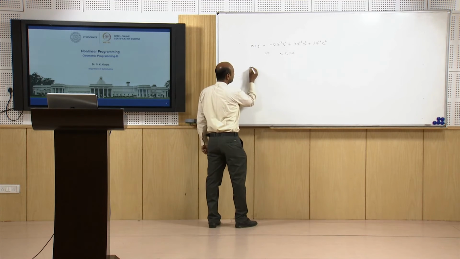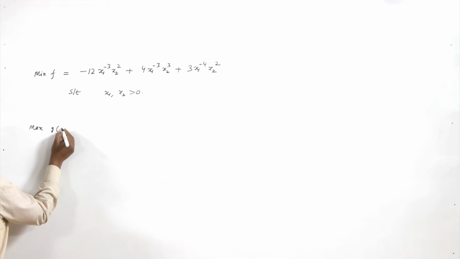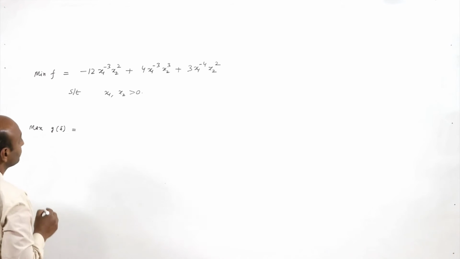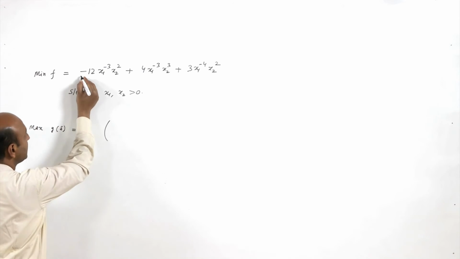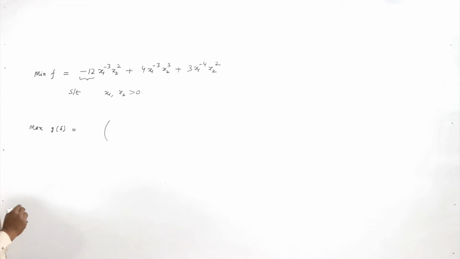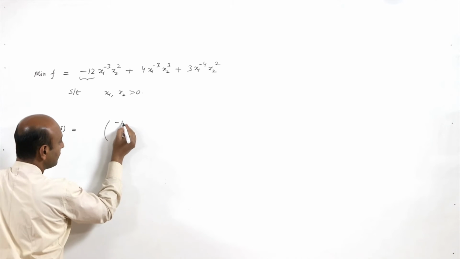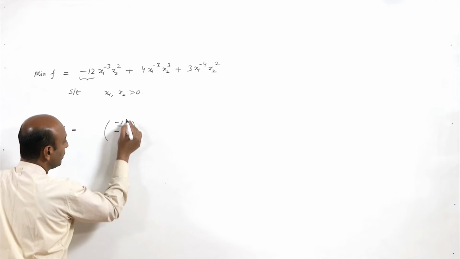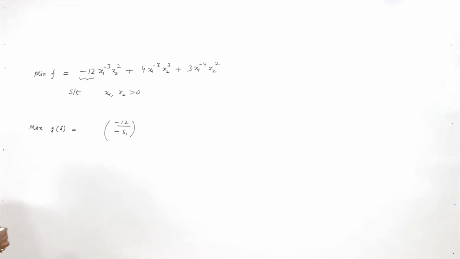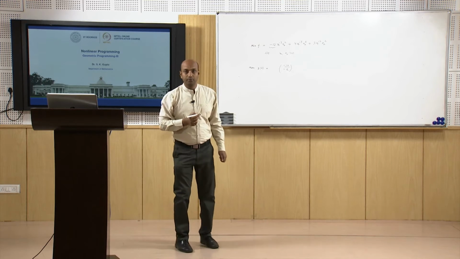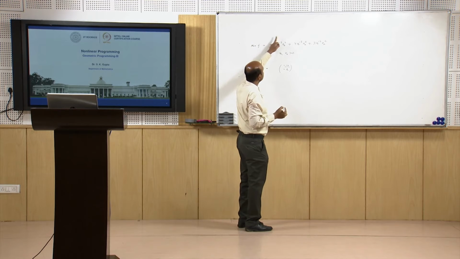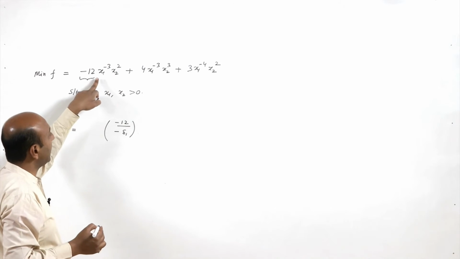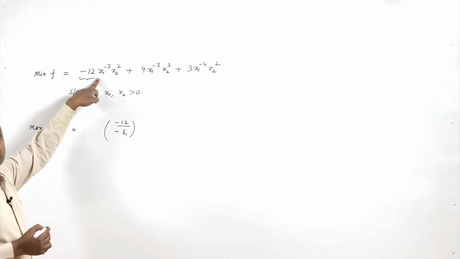We first find maximum of g delta, which is given as, now it is having negative coefficient which is minus 12. So, in minus 12 we will take minus delta to encounter this negative sign to make this positive. Okay. So for this term we are taking negative delta 1, minus delta 1.